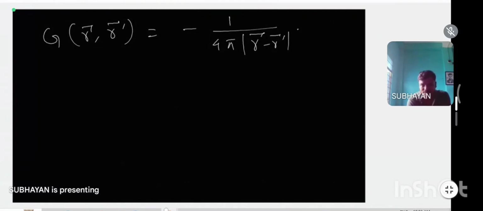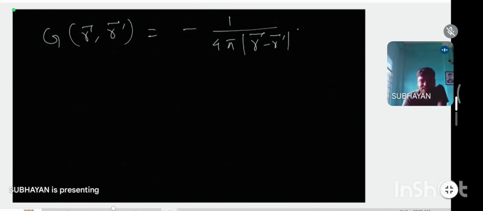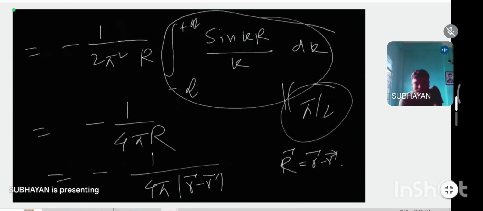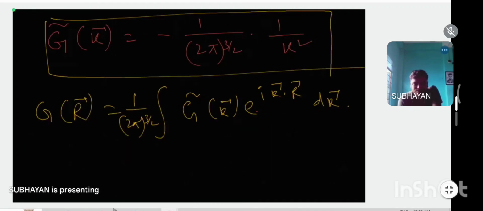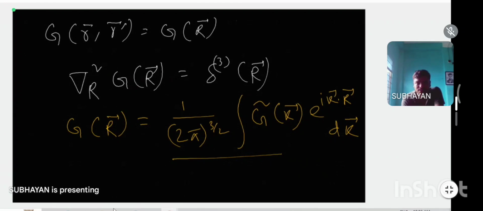Okay. So at last we have found the expression of G of r, r prime, and this is for the Poisson equation, mind it. In all equations, G will not be the same. For the Poisson equation, the green function will be in that way, and hence you can put this here. Okay.